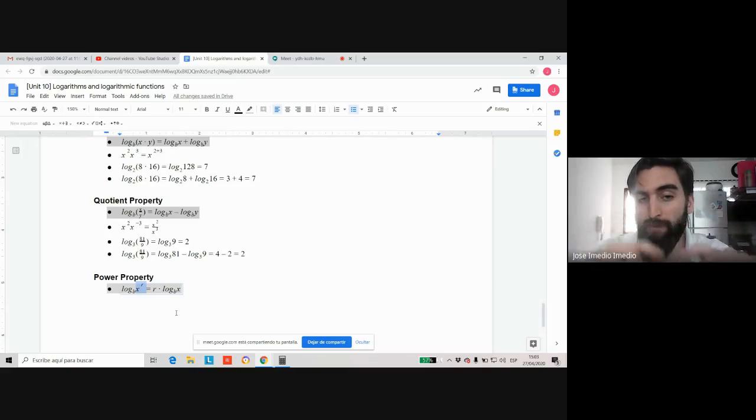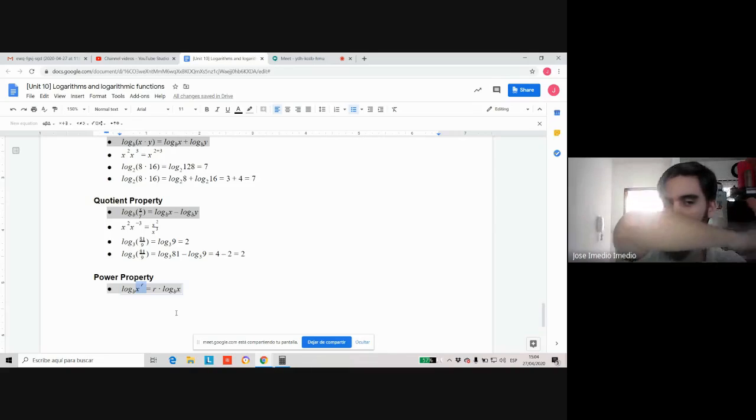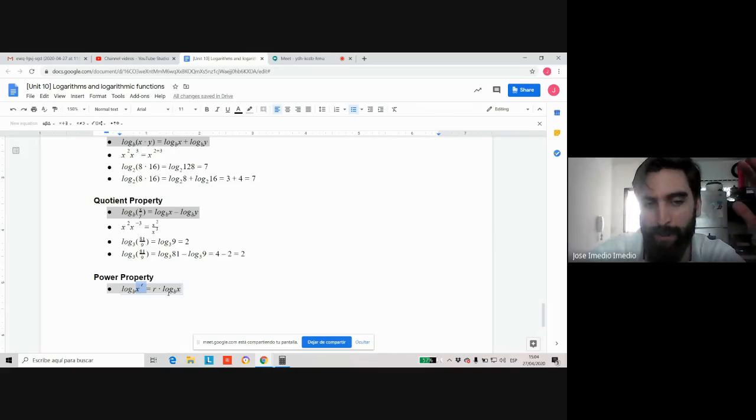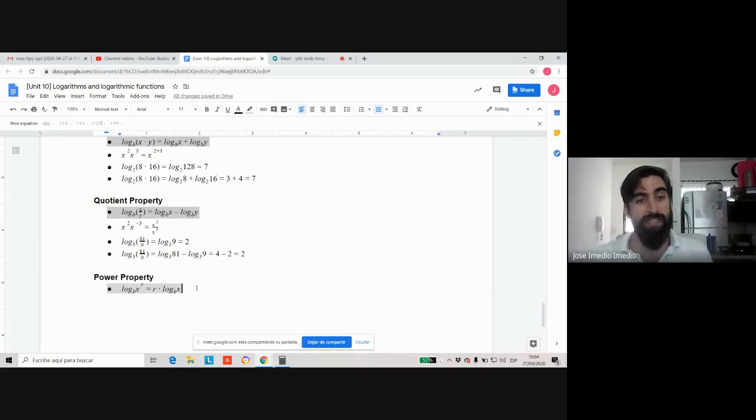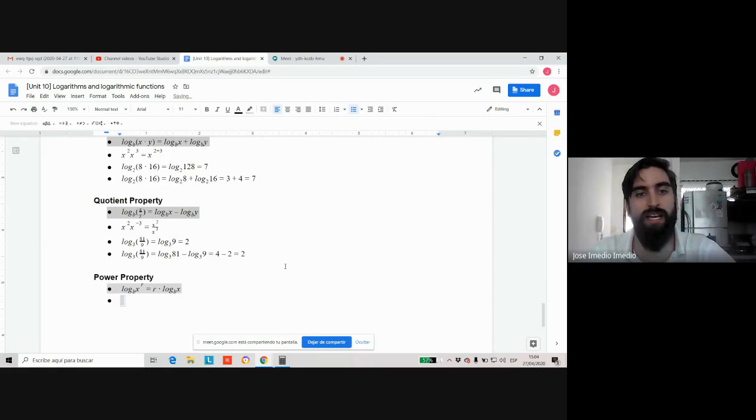When I have that number with an exponent, I can take that exponent out and put it at the beginning of the expression, multiplying. Okay, it can be counterintuitive at this point, but you will see, guys, that it actually makes my life easier. Okay, and it's going to be very easy to understand if I use an example here.